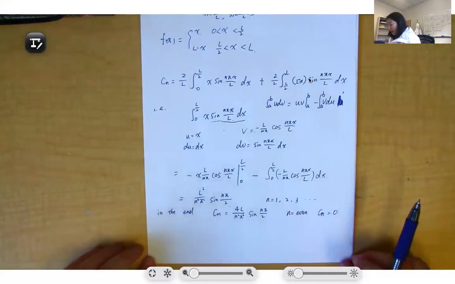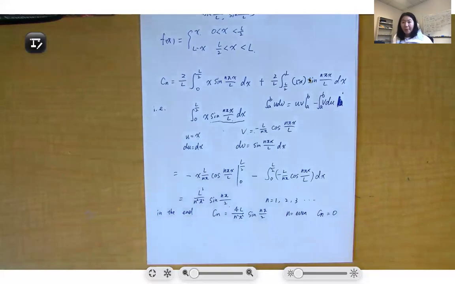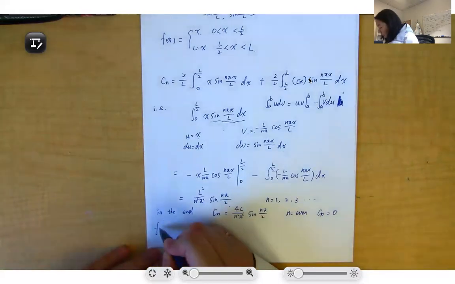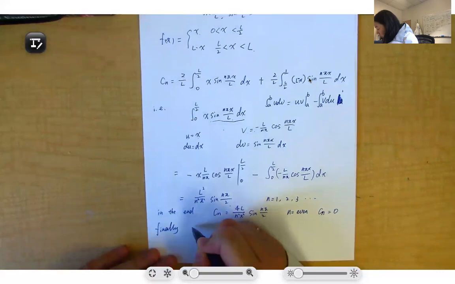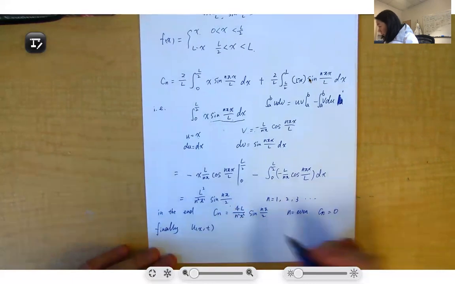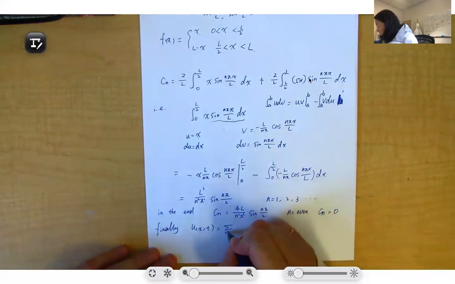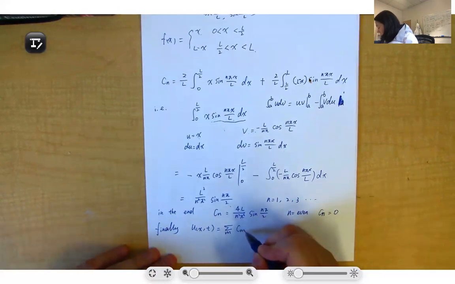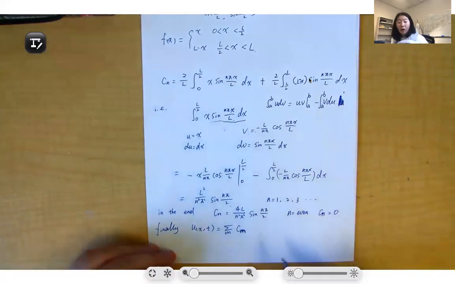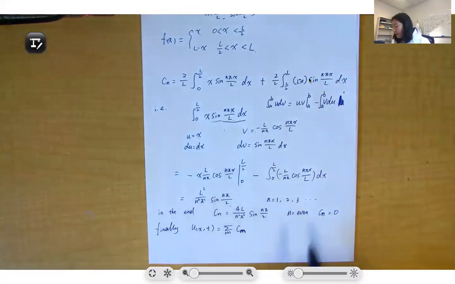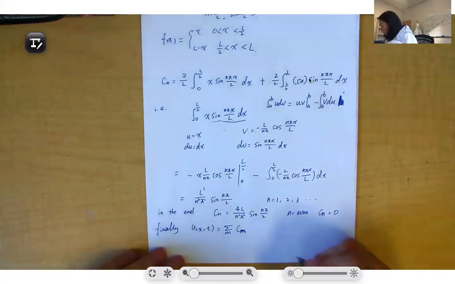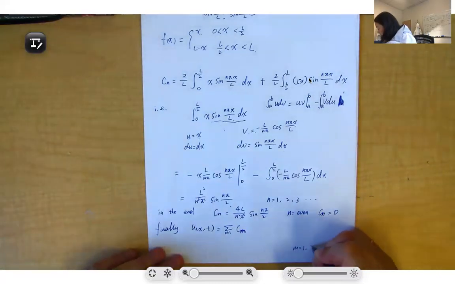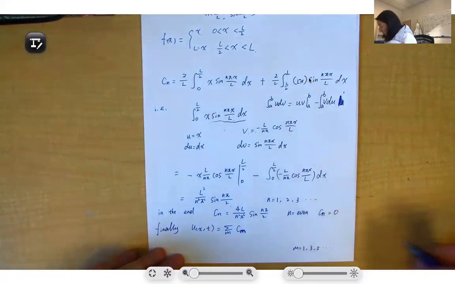Then in the end, let's write the whole form of the temperature as a function of x and t. So finally, our u(x,t) will be equal to the sum of Cm, where this m will be just the odd numbers, because for even numbers the coefficient will be equal to 0. So let's just use the odd numbers, m equals 1, 3, 5 until infinity.